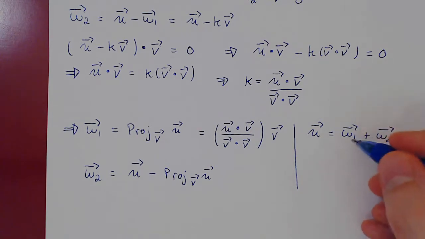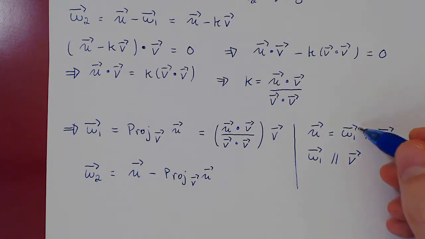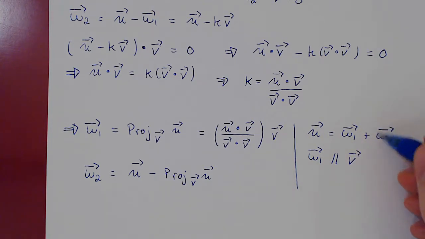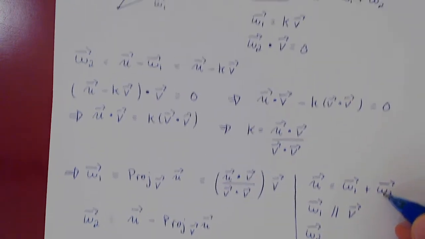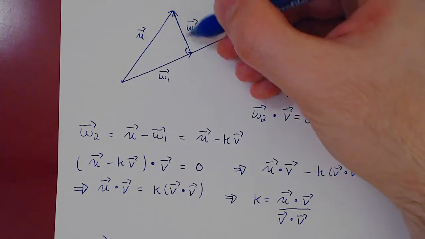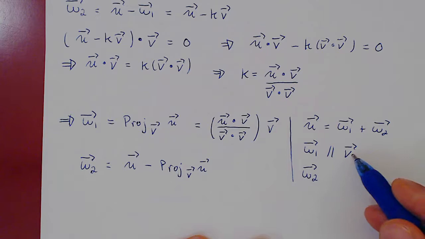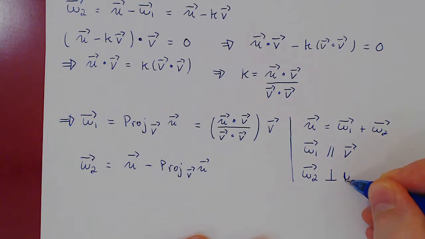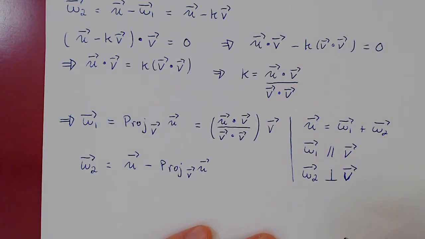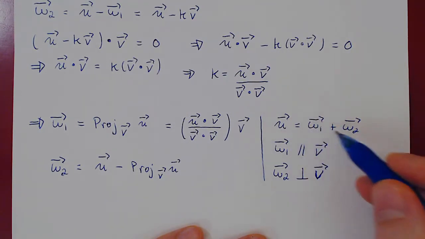And again, the vector w1 is parallel to v, so it is also called the component of u along v because it is parallel. w2 is the component of u that is, recall, perpendicular to vector v. So w1 is parallel to v, that is the projection. w2 is perpendicular to vector v. And this is the so-called decomposition of u into a sum of two vectors.